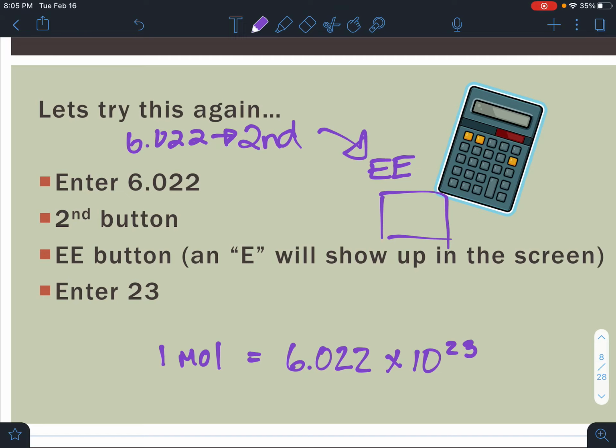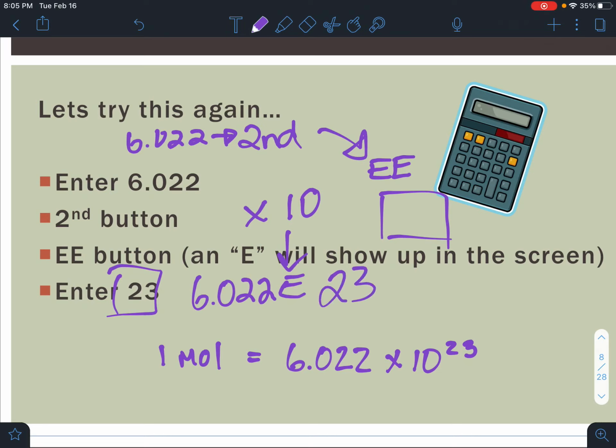At that point, what should be on your calculator is 6.022 and then just a single capital E. Now that capital E means times 10, so you do not have to type times 10. Afterward, you just enter the exponent of the 10, which is a 23.